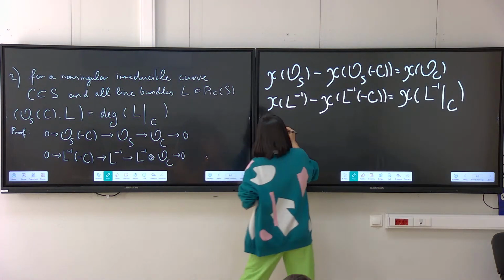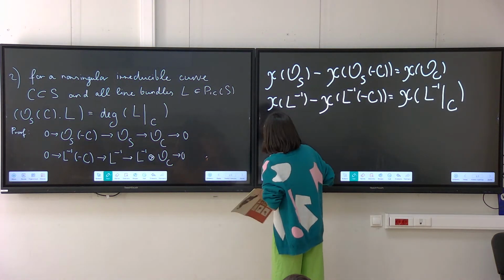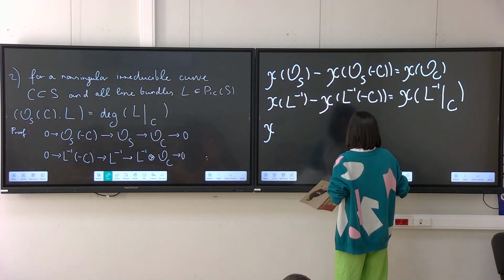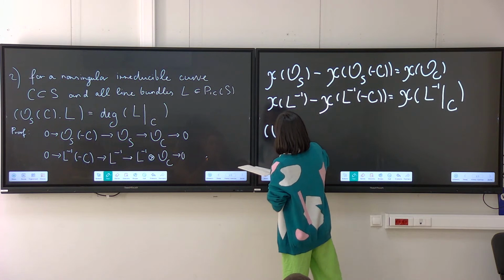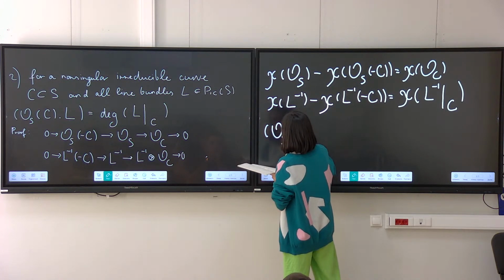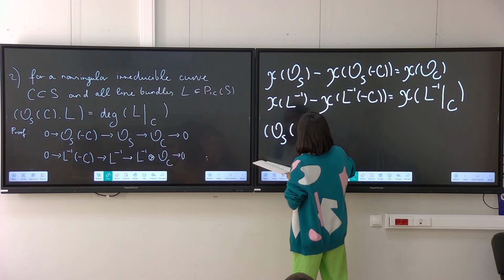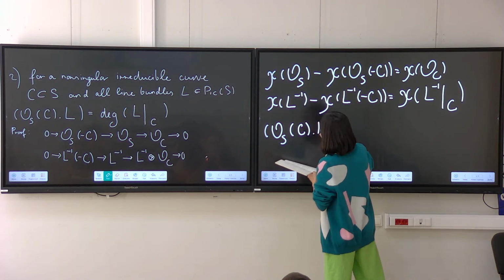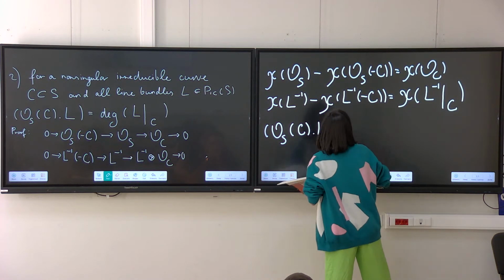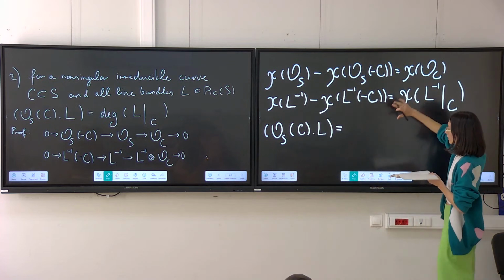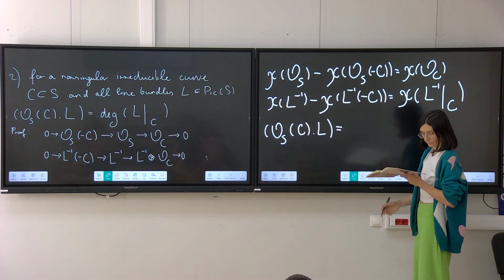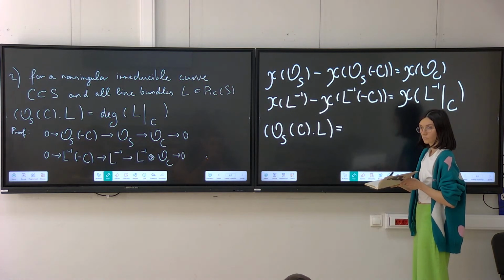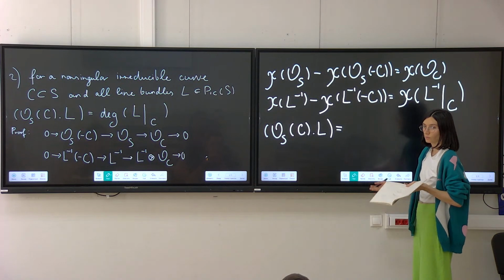If we now intersect C with L, then using this formula and just the definition of this intersection, what will we get? It's just a computation.